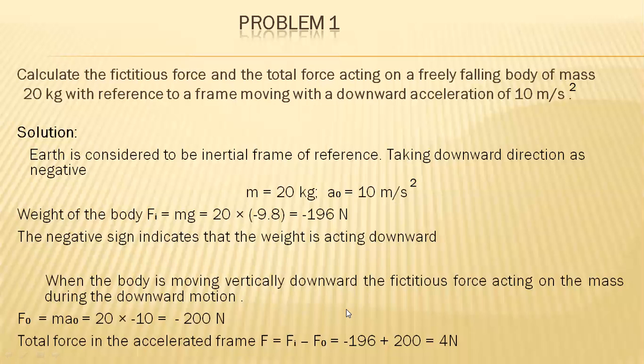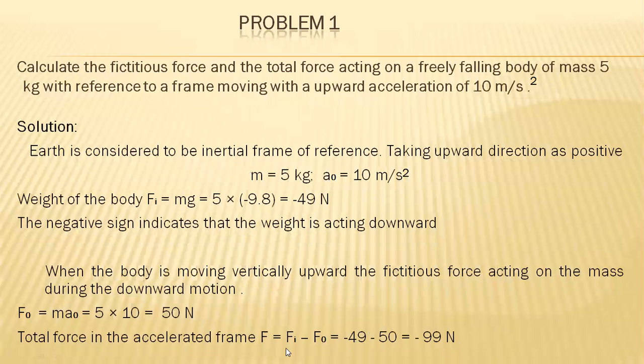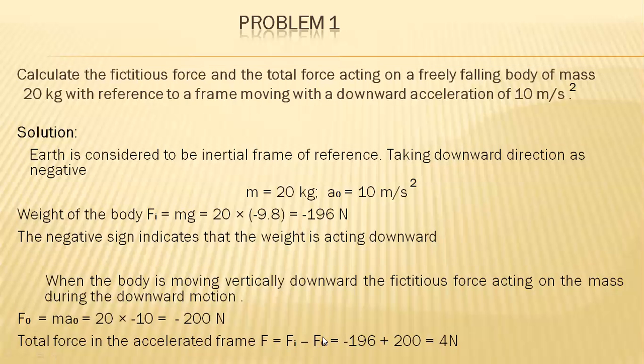We have derived the expression for the force in the accelerating frame S dash: F equals Fi plus F naught. Otherwise, if we change the notation, Fi equals F plus F naught. Here Fi is the force in the accelerating frame, which equals the real force F plus the fictitious force.